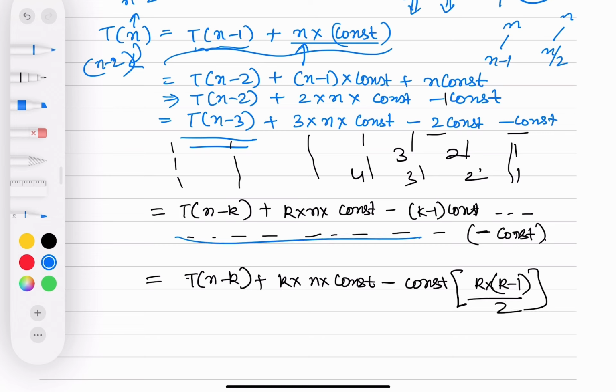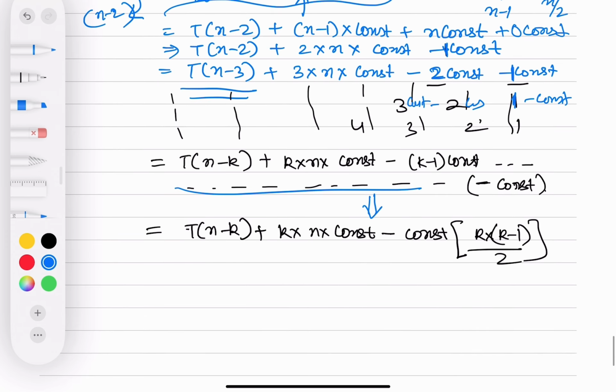How I got this, and from this how I got this? It is nothing but, if you see, it was like 0 constant. In second it came as 1 constant. In third iteration it came as 1 and 2. So in third it will come, that is 3 constant minus 2 constant minus 1 constant, like this. Correct?